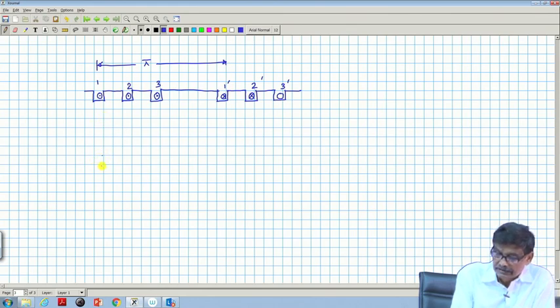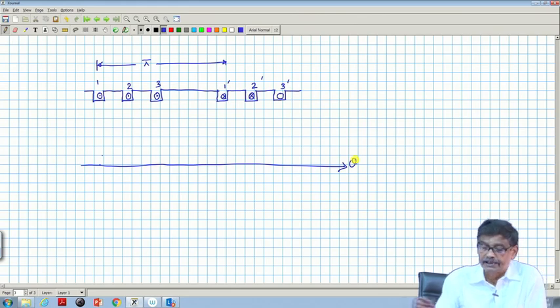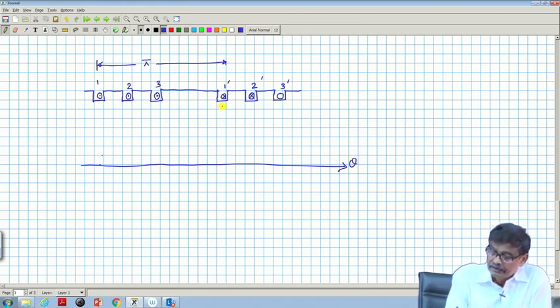Suppose I sketch it here, against the space angle electrical. During this to this, 1 1 dashed, it will be, let me use a different color, so this will be the MMF distribution due to coil 1.